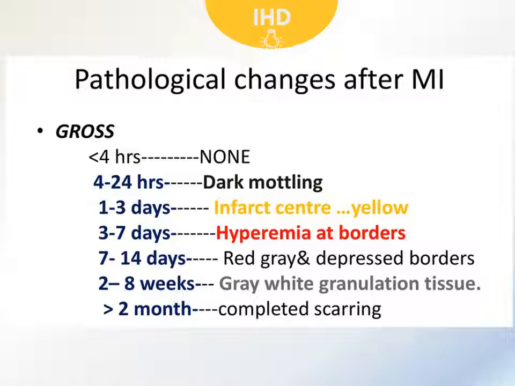From the 3rd to 7 days, hyperemia at borders. From the 1 to 2 weeks, red, gray, and depressed borders. From 2 to 8 weeks, the gray-white granulation tissue will start to appear, and there will be complete scars when there is greater than 2 months in age.